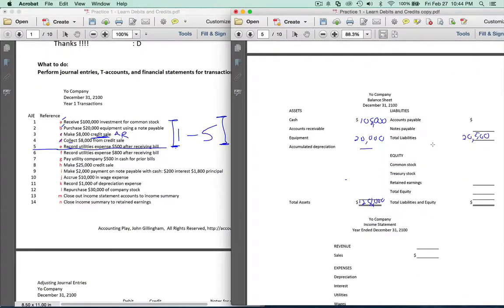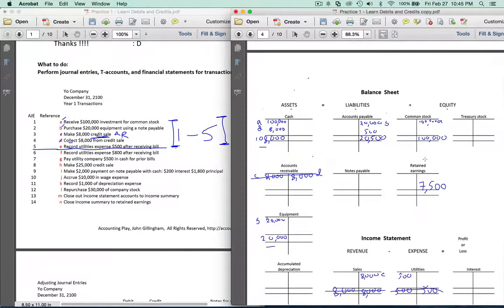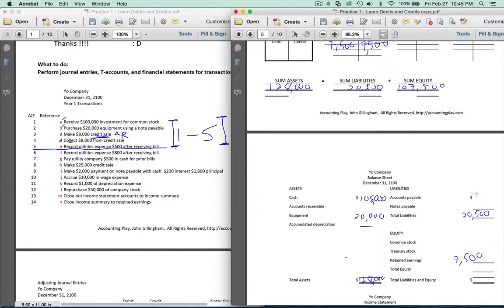Okay. Common stock, retained earnings is 7,500. Now this is actually how it looks when I work. And then I take it to the computer and make it pretty, which I'll probably end up doing for this video. But at least you get to see sort of the process.